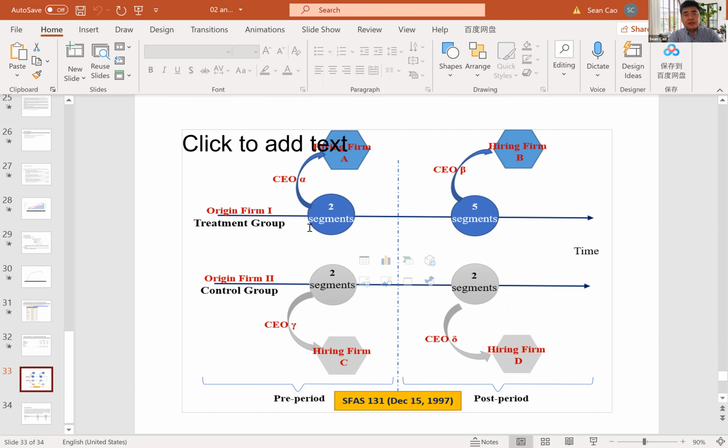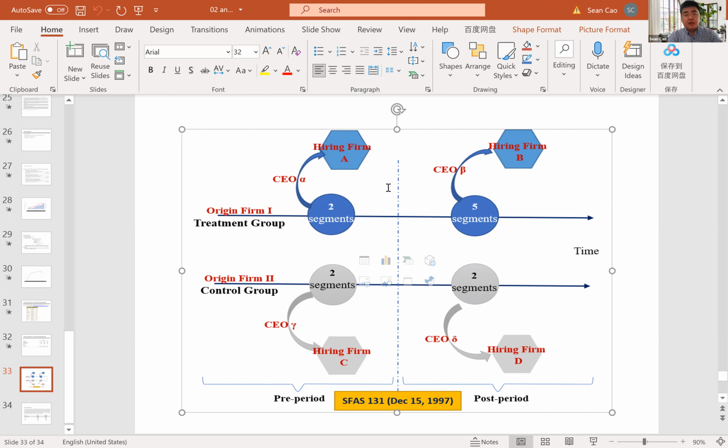So before 1997, you only know the CEO's performance in a very general way, not in a detailed way.